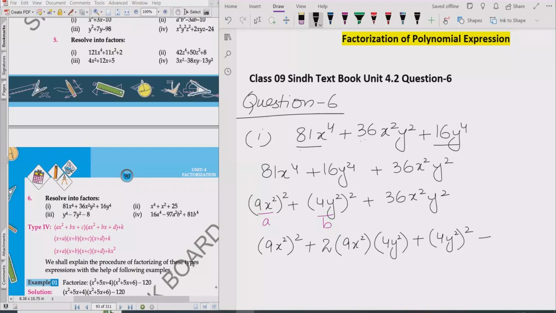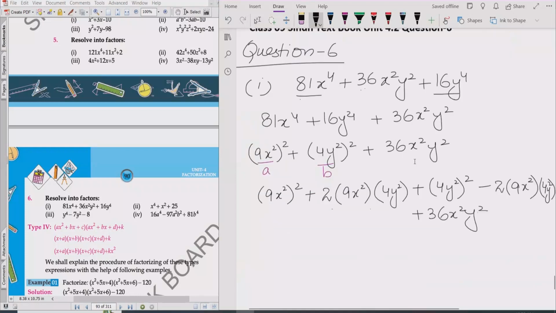Now we added these terms, so we have to subtract this term as well, because we already said in the last class in maths, if we are adding a few terms in any expression, we have to subtract them as well, because we have to keep the expression balanced, right? So the remaining term is 36x^2y^2, right?